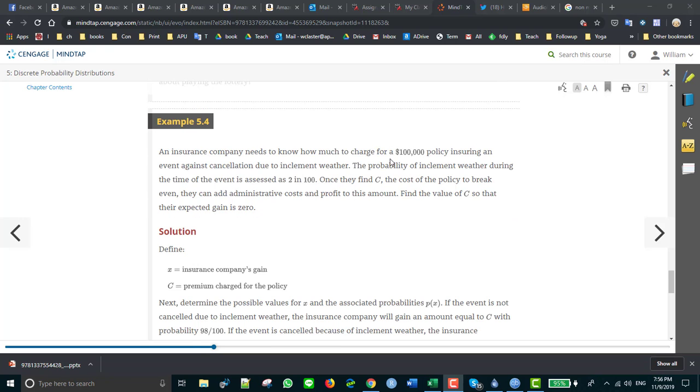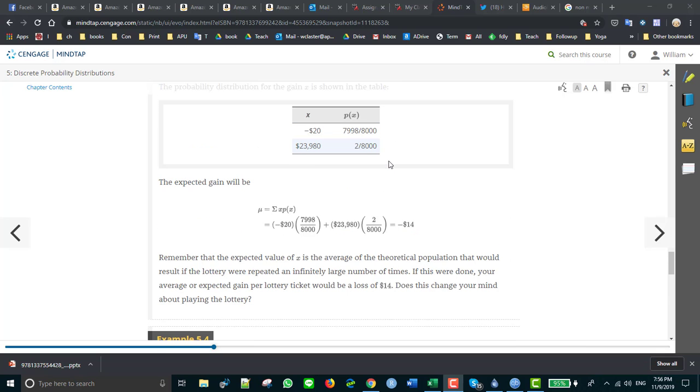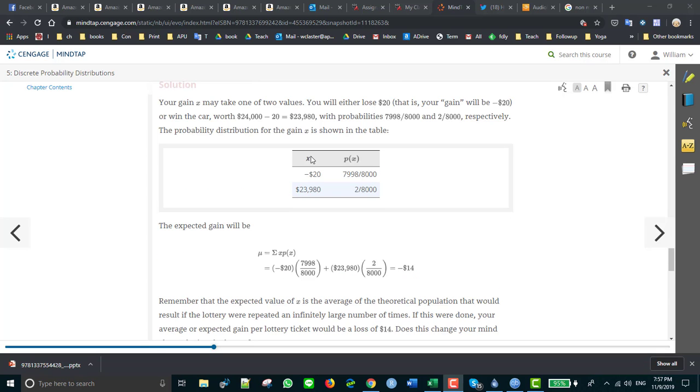But to review, to figure out the expected gain, we have to define a variable x called the gain and figure out what are the possibilities for x and then what are the probabilities for those possibilities.